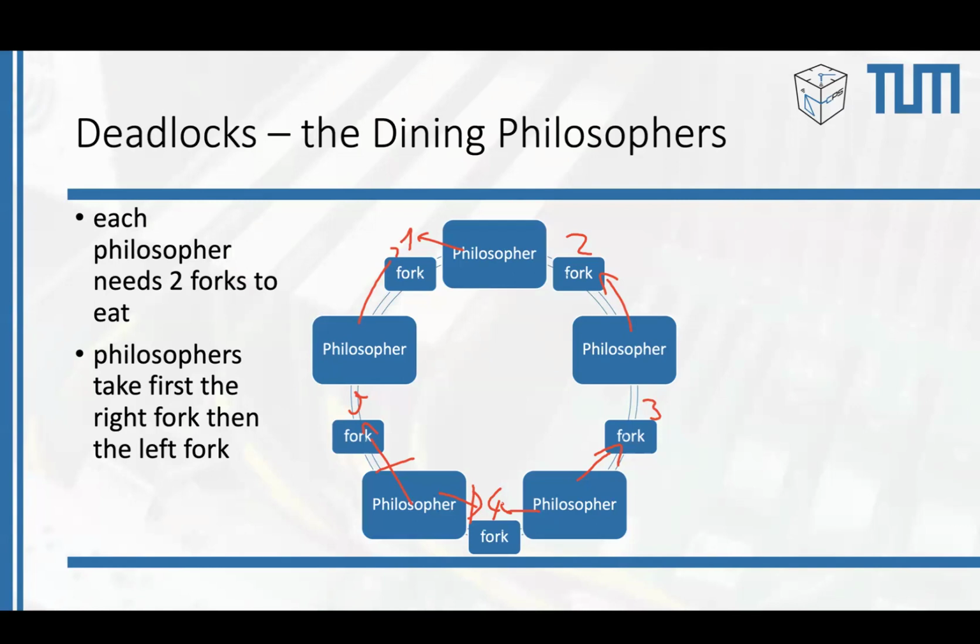What can we do to solve the efficiency problem? Any idea? One possibility would be that at random, a philosopher decides, since I cannot take the second fork, I'll just drop the first fork as well and try again in a few seconds.